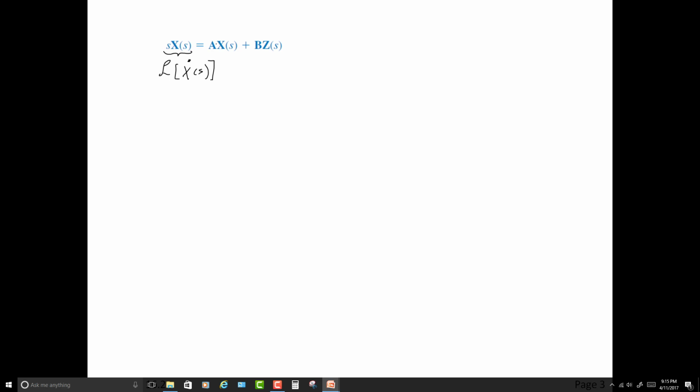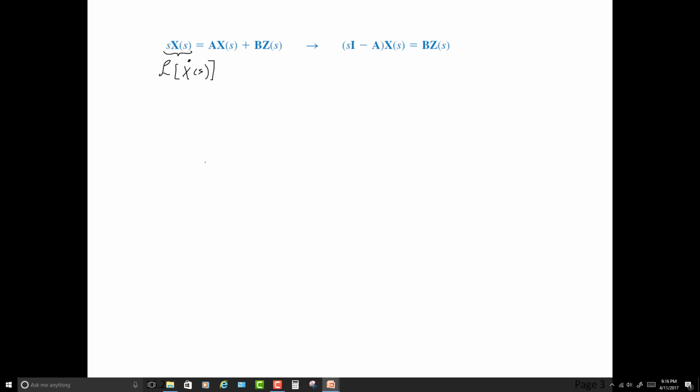Okay, a constant times the Laplace transform of x is straightforward. That's a constant times it plus a constant times the transform of the input. So this is a fairly simple equation we got here. We like that. So now we've got our state variables and our state variable matrices. We got this all packaged, and all we had to do was express this simple s multiplier right there to take the derivative.